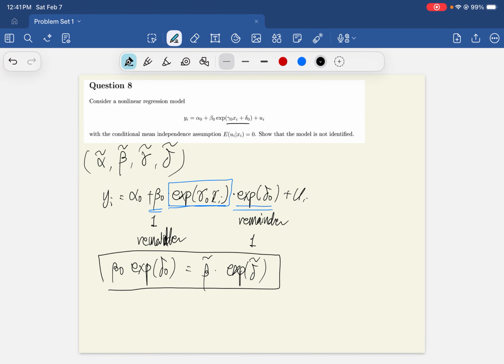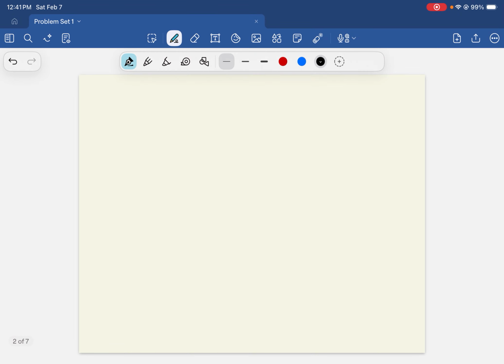Okay, so then let me write it more clearly. Just choose any delta tilde that is different from delta 0, and then define beta tilde such that beta tilde exponential delta tilde equals beta 0 times exponential delta 0.